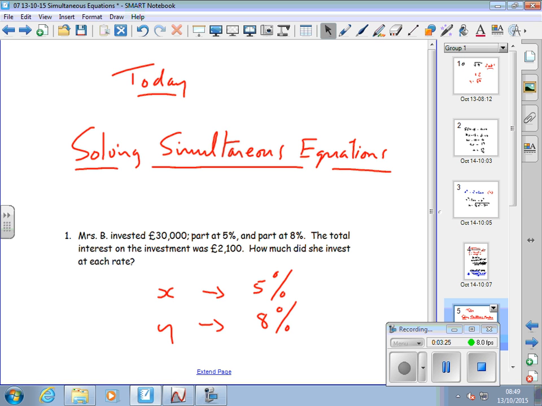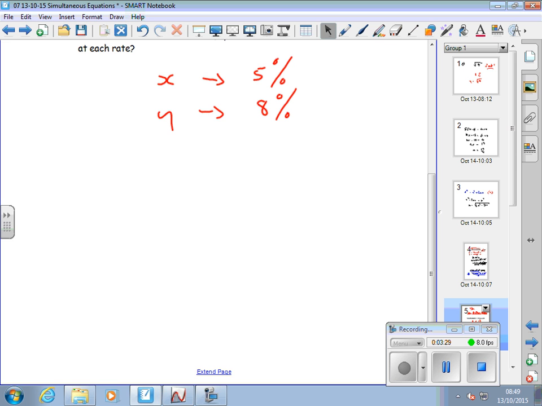It'll be 30,000, yeah. So how can I write that as an equation? I can write X add Y is 30,000. So the problem I have is to turn the word problem into a mathematical equation. That's one. Okay? First equation: X plus Y equals 30,000.